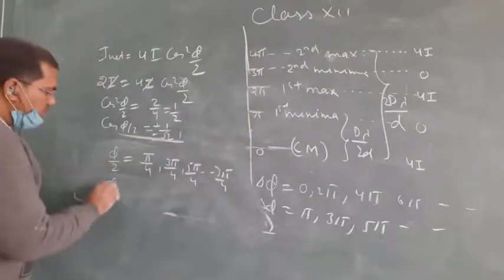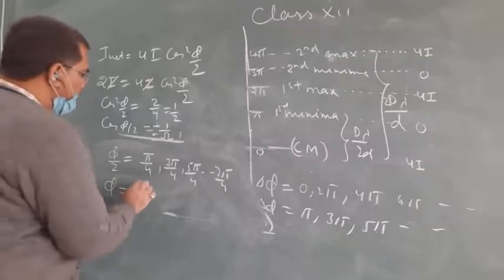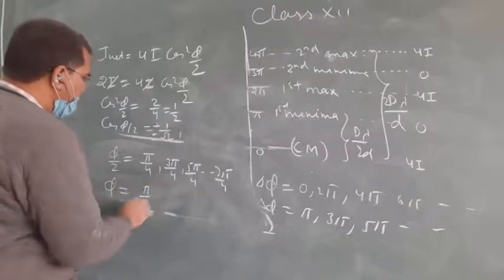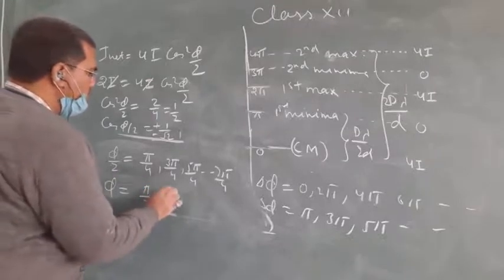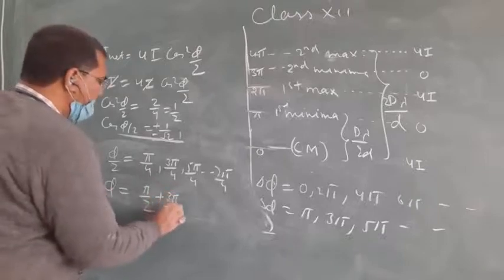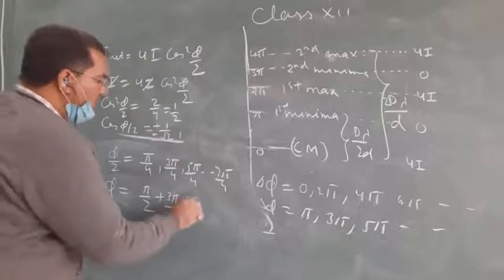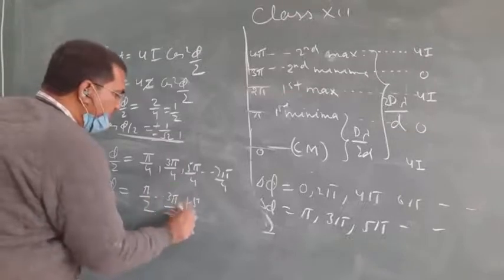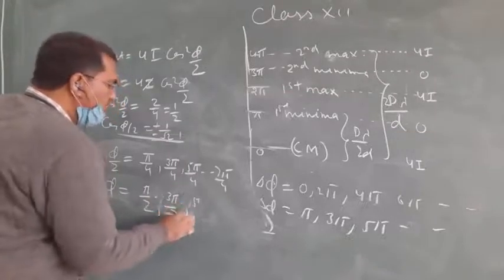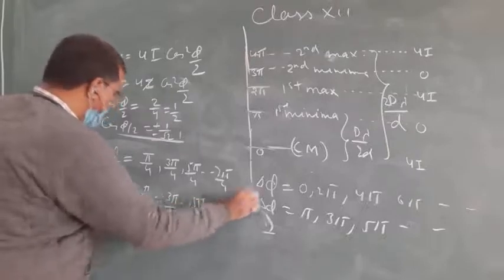So phi is equal to pi by 2, 3 pi by 2, 5 pi by 2, and so on.